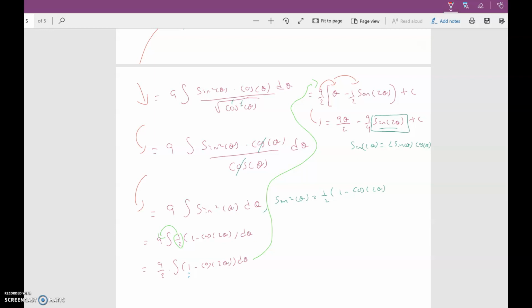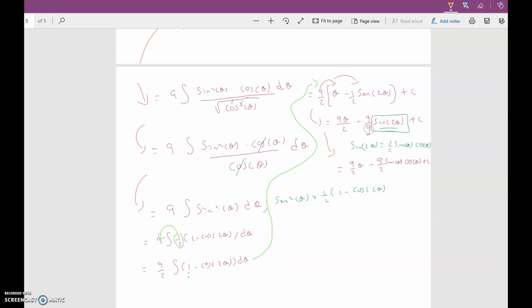So what that gives us is another way to rewrite the integral. This is 9/2 of theta minus, and this 2 is going to cancel with that 2, so 9/2 of sine of theta cosine of theta plus c. And let me just box this in.